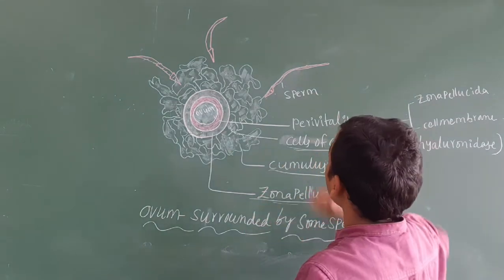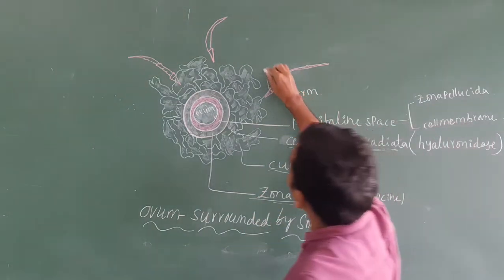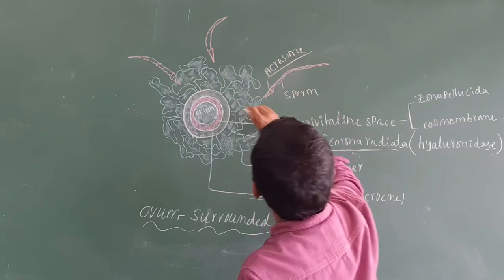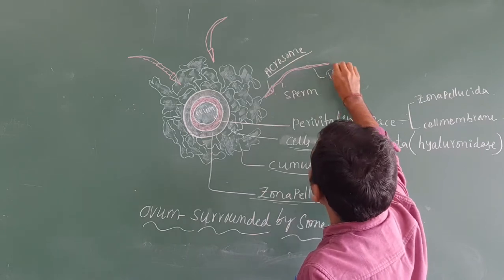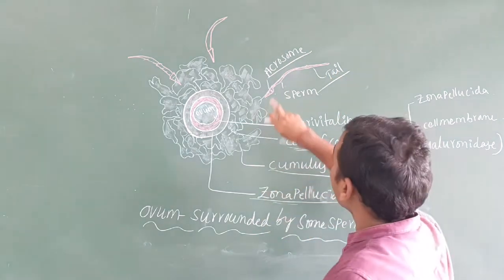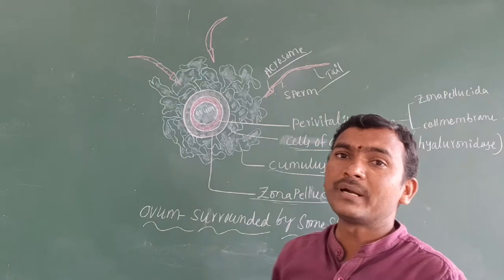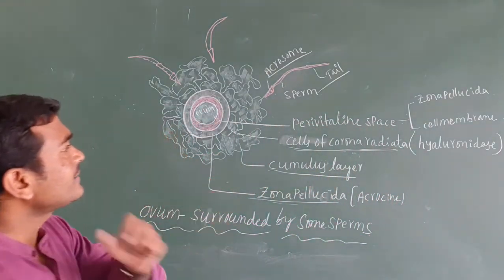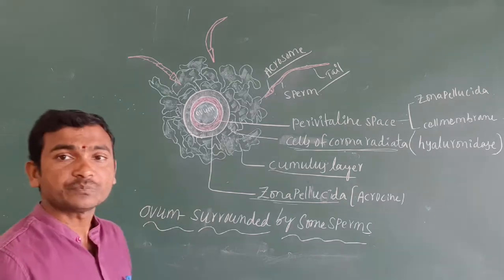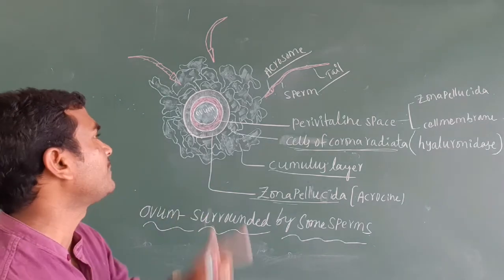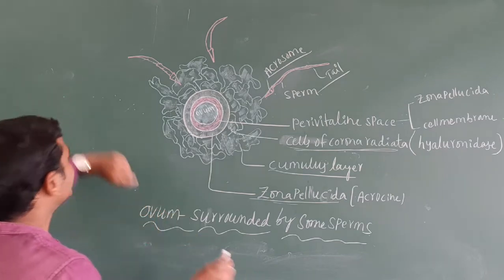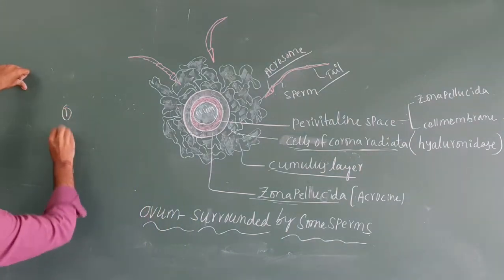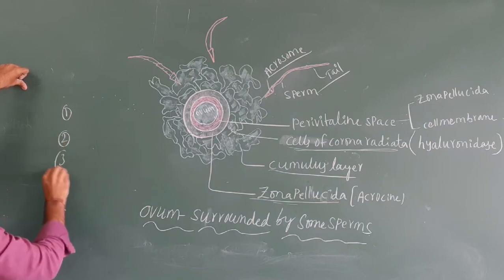See here what happens in the sperm: this is the acrosome, and this is the tail. Just a rough diagram. The acrosome plays a very important role in the entry of the sperm inside the ovum, because the acrosome releases three types of enzymes. What are the three types of enzymes?